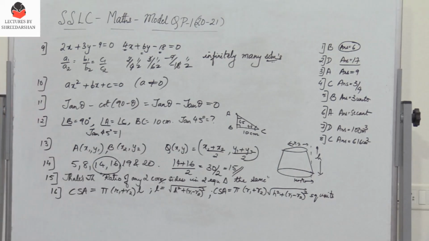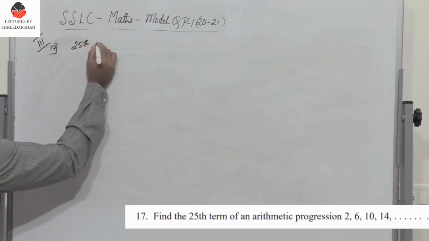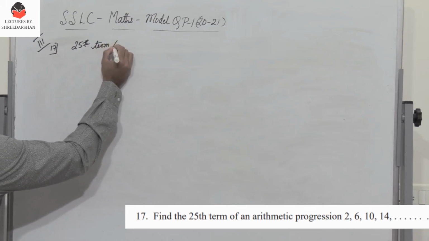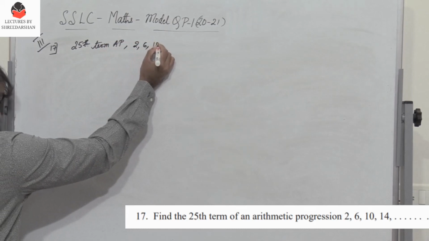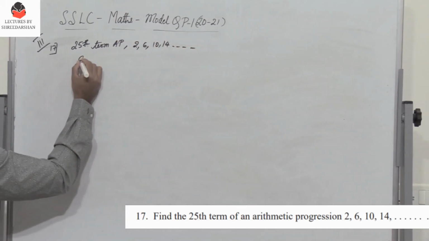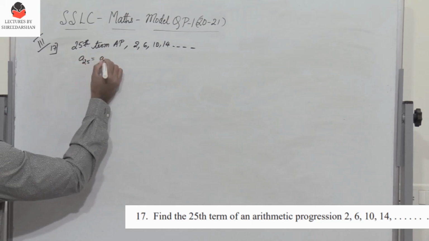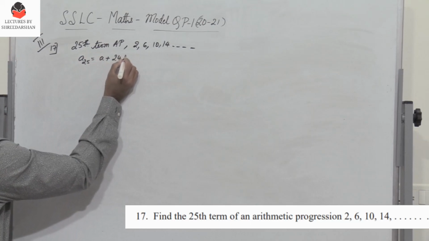Problem 17: we need to find the 25th term of an arithmetic progression where the progression is 2, 6, 10, 14 and so on. So what is A25? A25 is a plus (n minus 1) into d, where n is 25, so 24 into d.